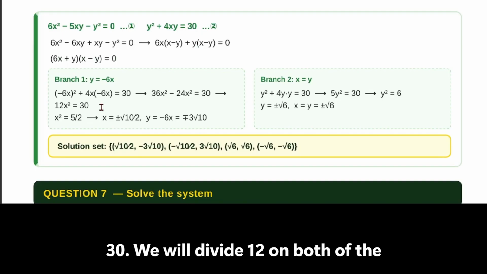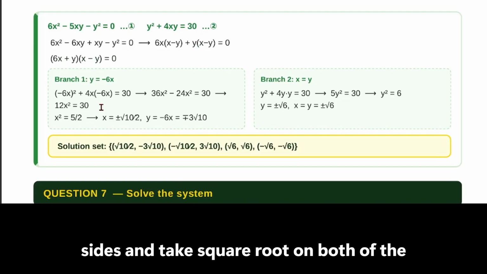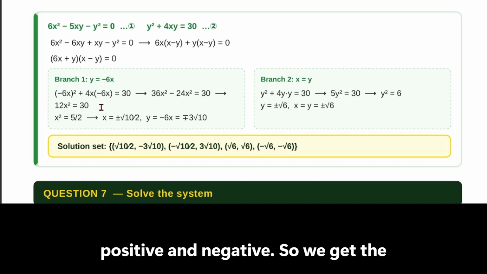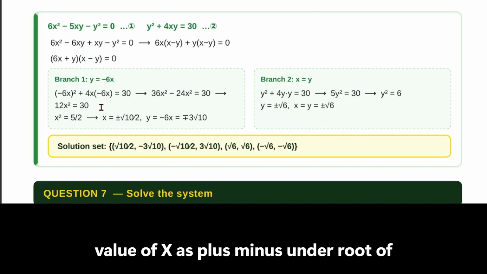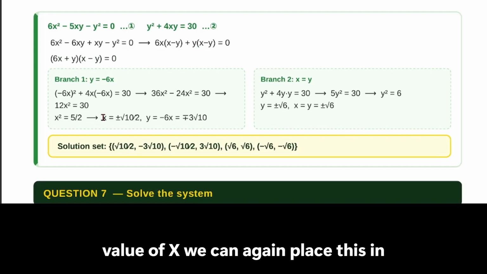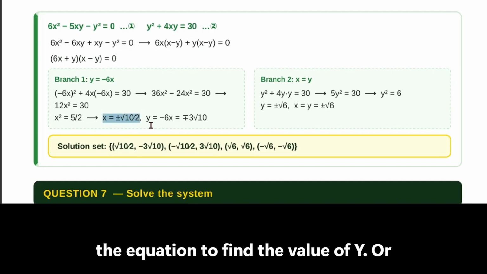We will divide 12 on both of the sides and take square root on both of the sides in order for our answer to be positive and negative. So we get the value of x as plus minus under root of 10 by 2. If we have this as the value of x, we can again place this in the equation to find the value of y.